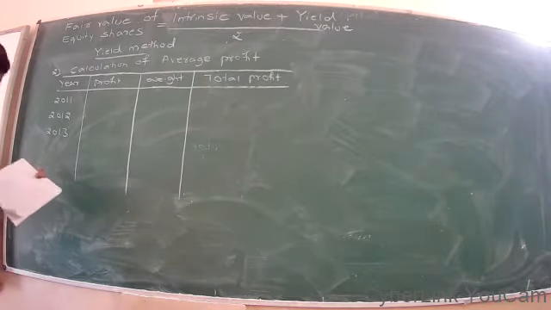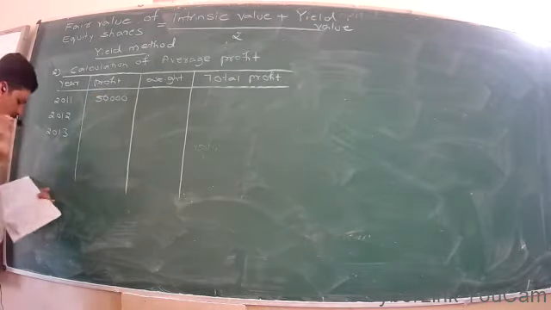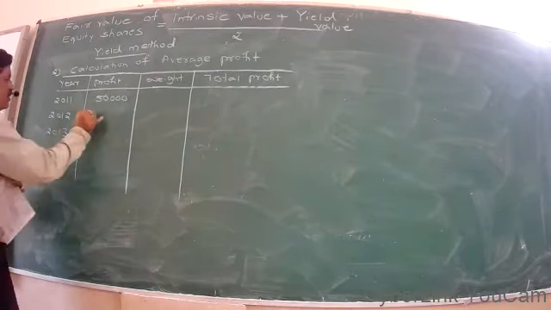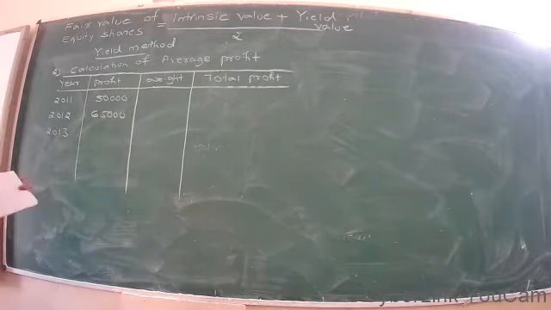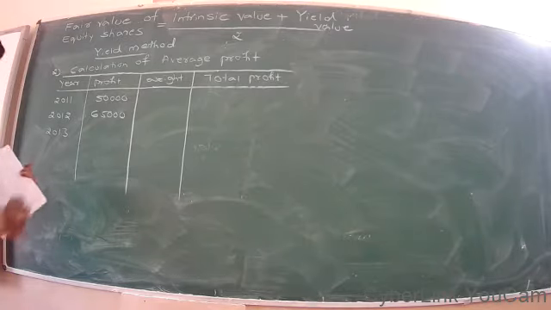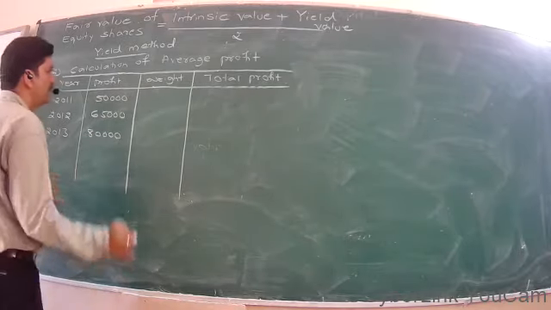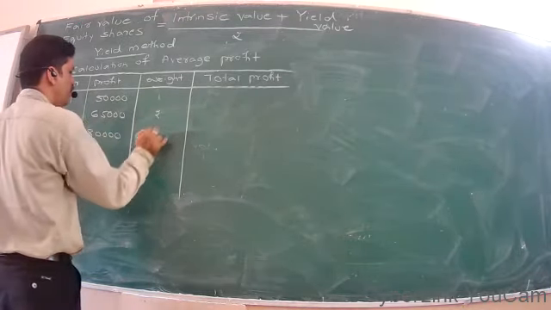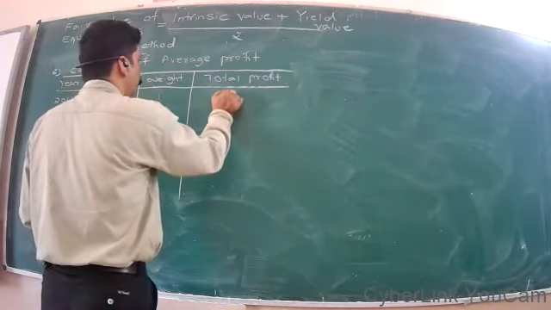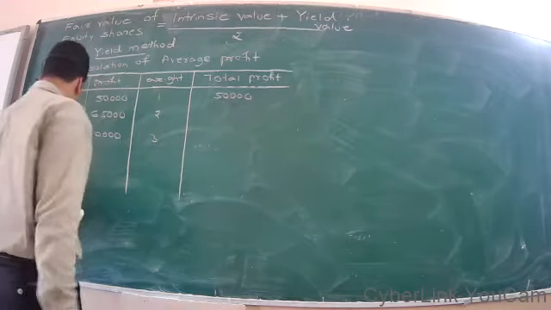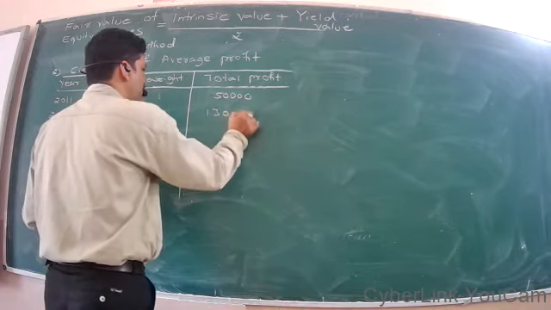The profits given: 2011, 50,000; 2012, 65,000; 2013, 80,000. The weights are 1, 2, 3. So 50,000 into 1 is 50,000. Then 65,000 into 2 is 1 lakh 30,000.